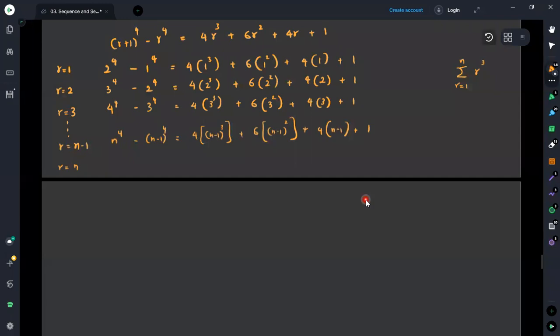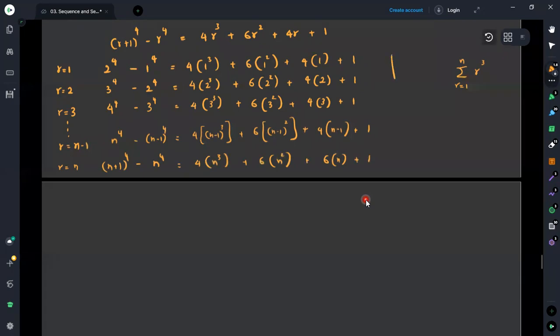Then we'll get n plus 1 to the power 4 minus n to the power 4 equals 4 times n cube, then 6 times n squared plus 6 times n plus 1.